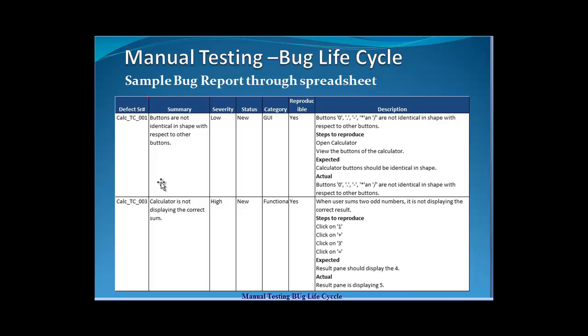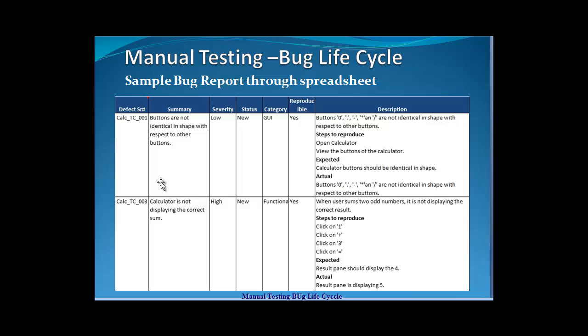Its severity is low because this is a user interface defect. Due to this, there is no failure in the functional part of the application. So its severity is low, and since a test engineer found this defect for the first time, the status is new and the defect category is user interface. Is that reproducible?